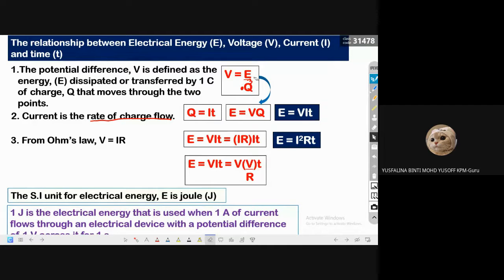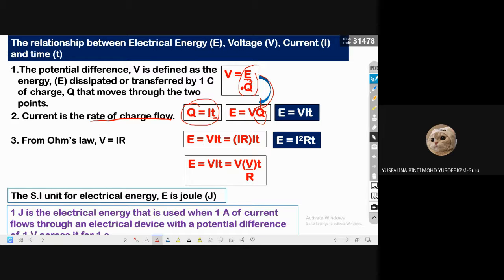If I arrange back the formula, E equals QV, or VQ. And you already know that Q equals IT, so I replace the Q with IT here.